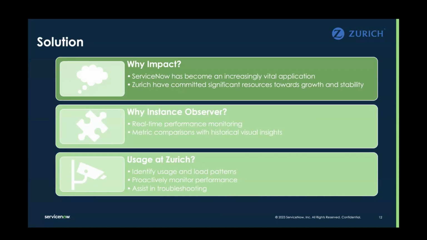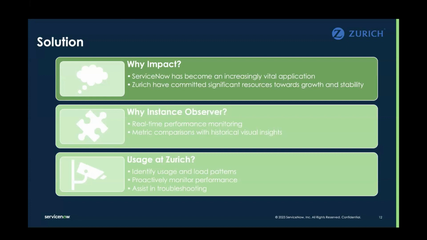That's fantastic. And I think in a couple of offline conversations, we've talked a little bit about how you've been able to leverage Instance Observer in your sub-production instances, actually using the tool to look at update sets prior to going into production. Can you talk a little bit about how your team has incorporated that into the larger release lifecycle?